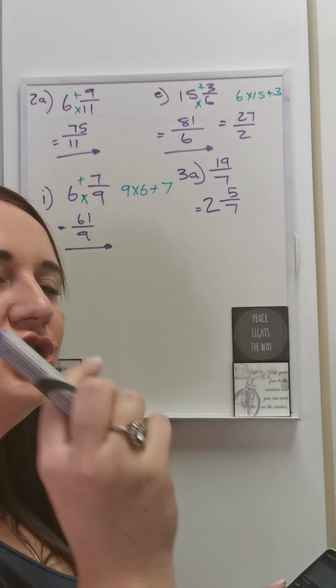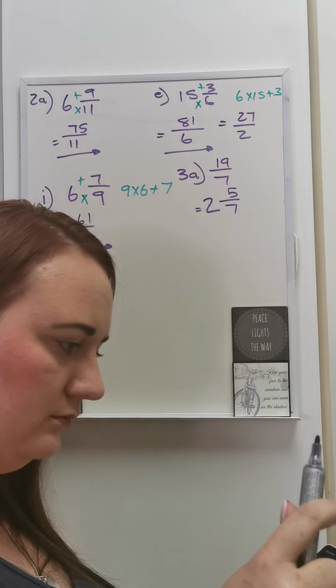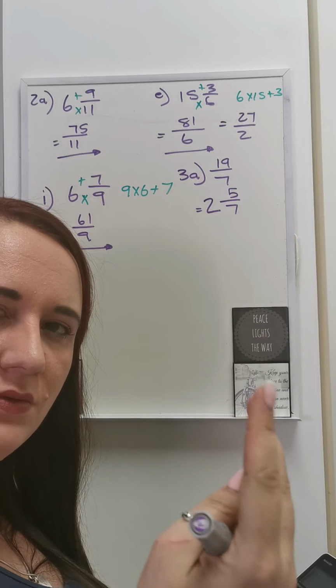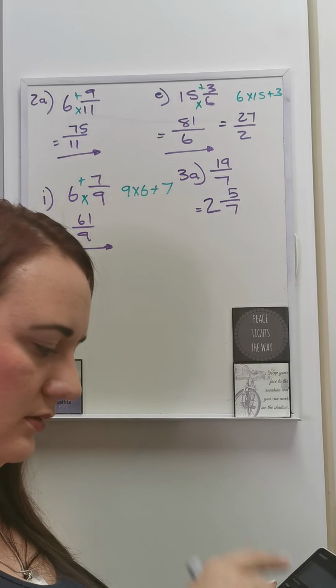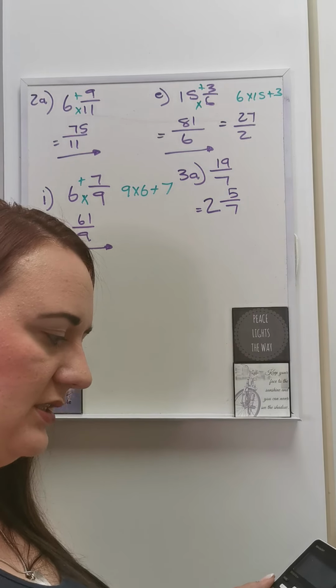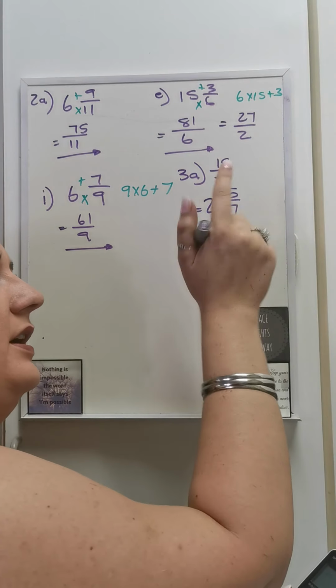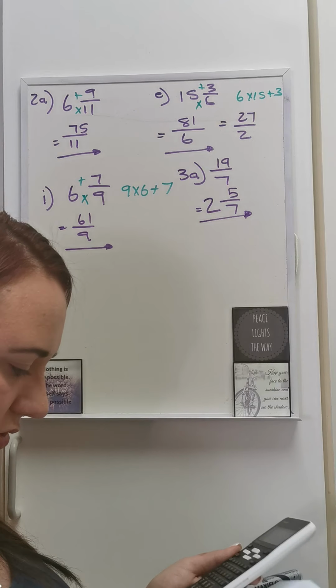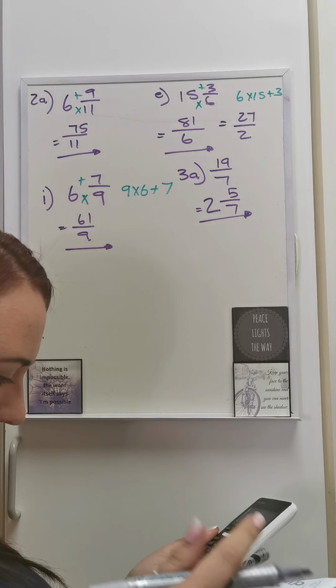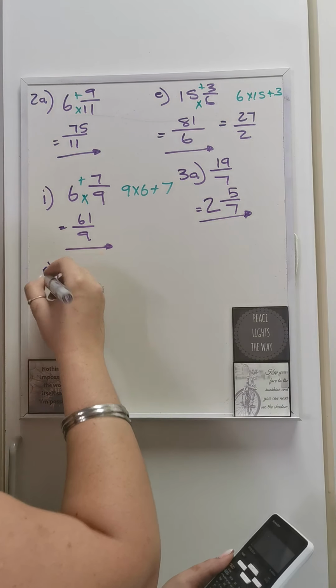Now press shift and then that SD button that changes fractions to decimals. Press that button now. Okay, do you see that now it gives you 2 and 5 over 7? Make sure that you know exactly how to do it if you're going to do it from your calculator.